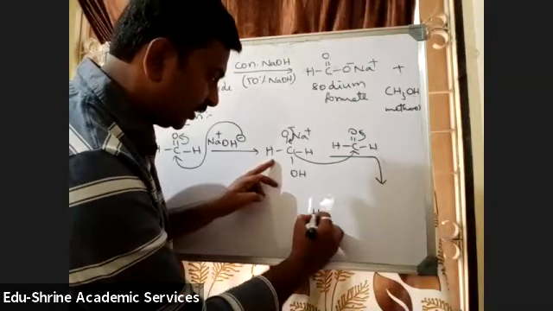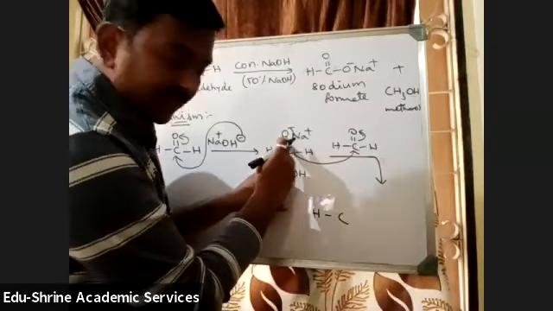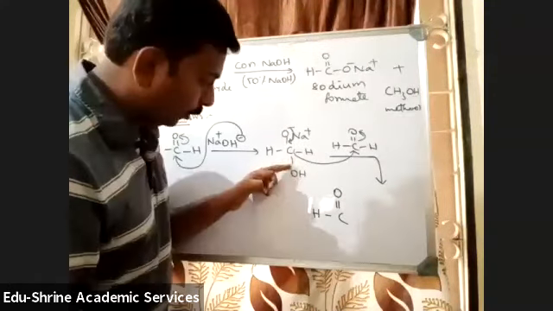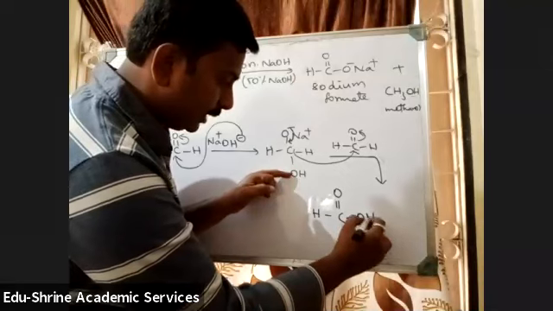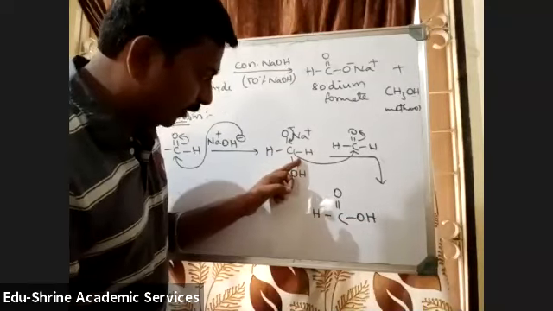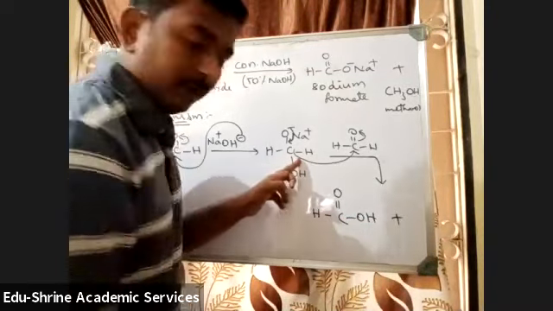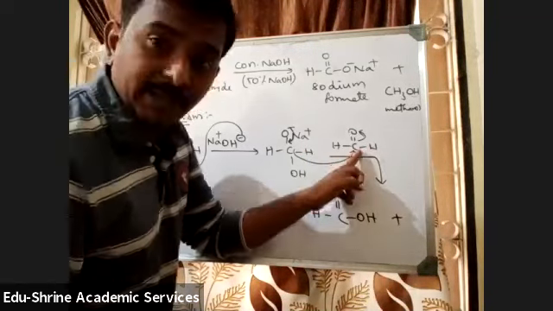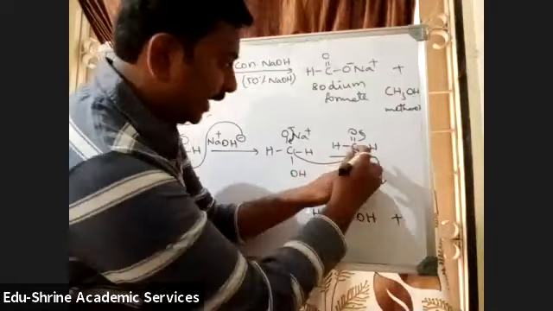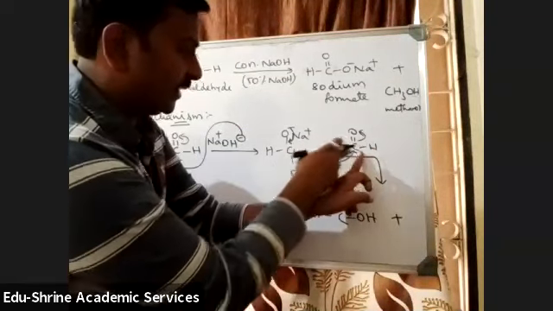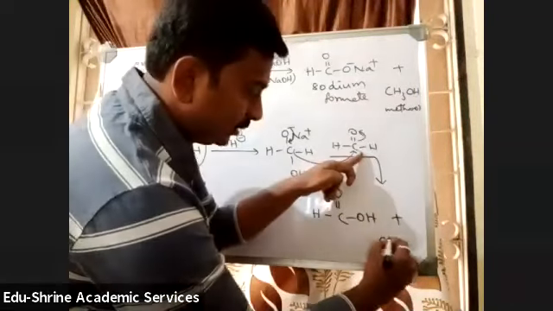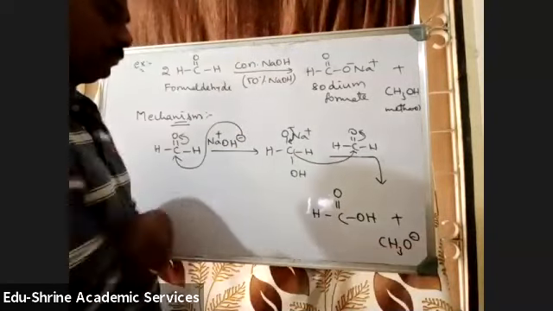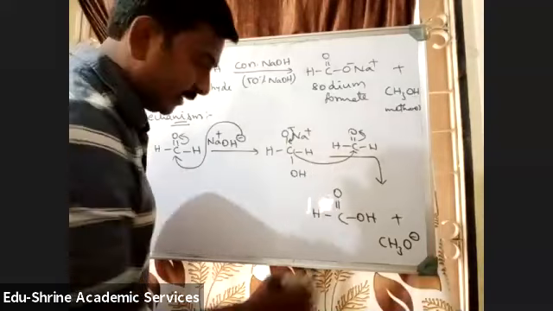You will get H. See, as the negative charge is coming back, single bond gets converted to double bond. HC double bond O, OH. This bond is completely getting broken down. So one molecule will be formed, and the other molecule that will be formed is this hydrogen going and attacking this carbon atom. So you get 1, 2 plus this hydrogen, 3 hydrogens, CH3, O minus.